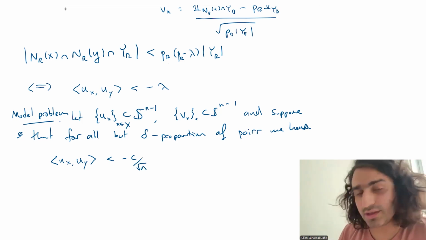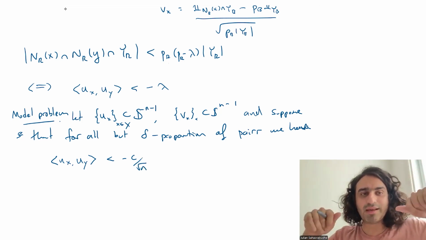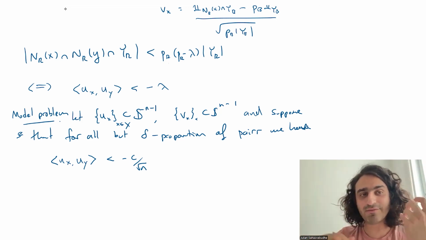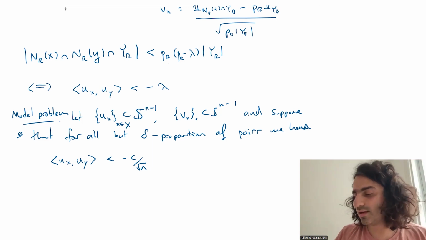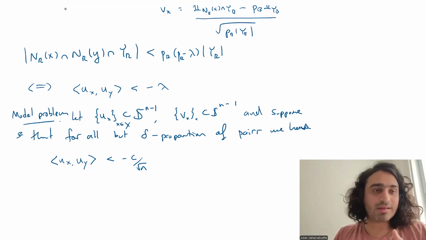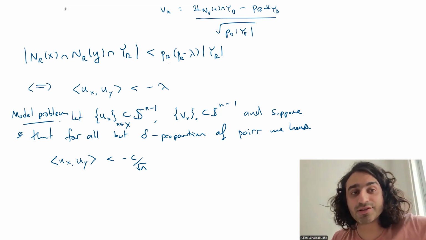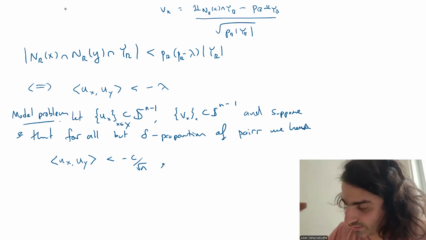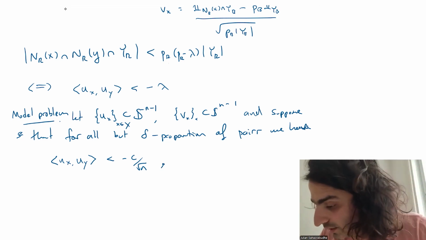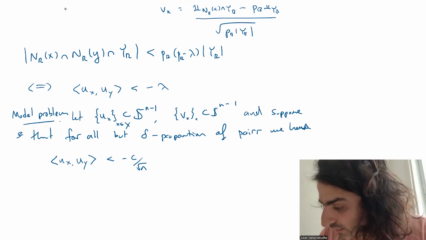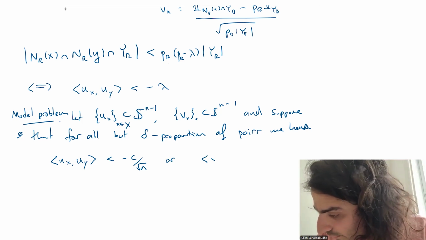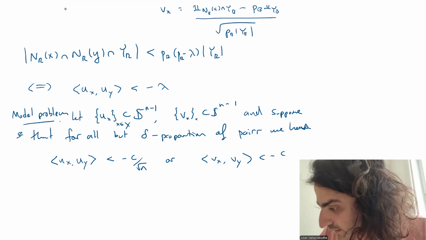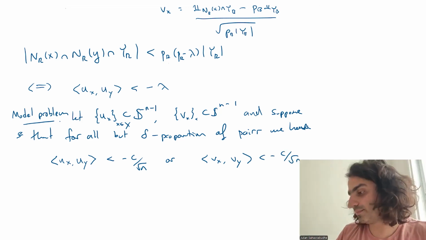These are points on the unit sphere. If they're just random points, their inner product varies at the scale 1 over root n. But now I'm interested in the event that they're macroscopically negative, on the scale of their standard deviation. Or the inner product of v of x and v of y is less than minus C over root n.